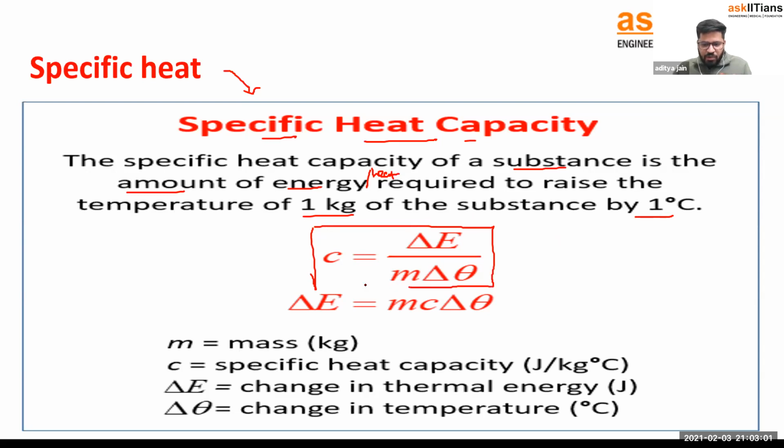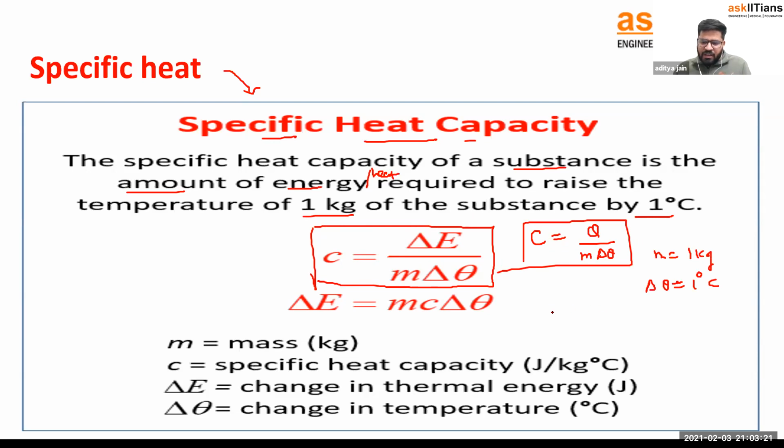I've already told you in the previous slide that in place of delta E, we have used Q, so Q by M delta theta. If I put M as 1 kg and delta theta as 1 degree Celsius, what will I get? C is equal to Q by 1 into 1. One was the mass and one was the change in temperature.